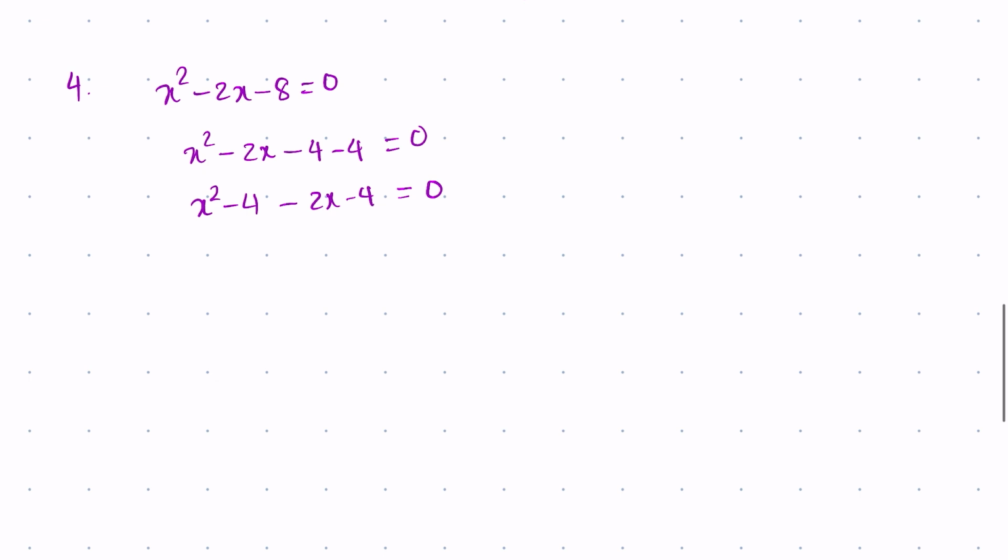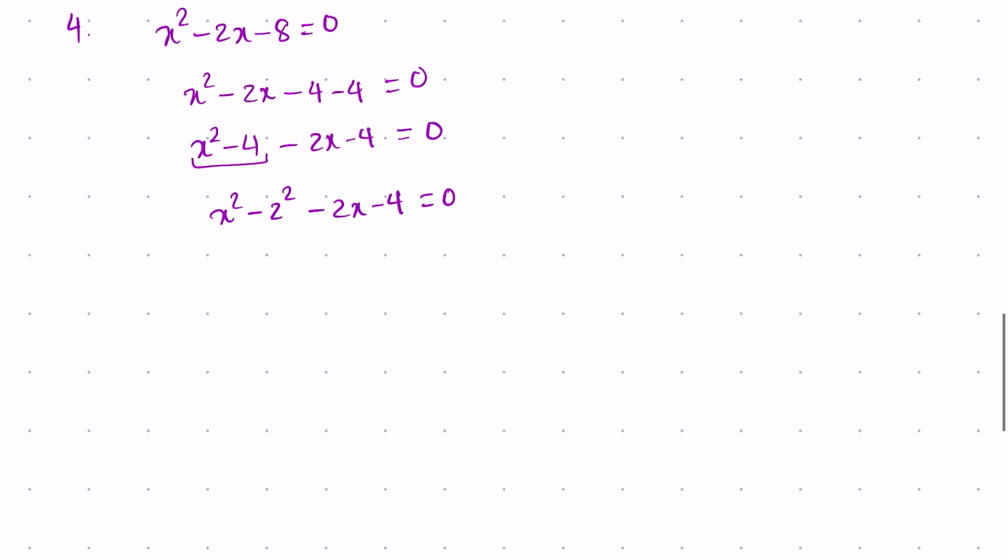x squared minus 4 is of the form x squared minus 2 squared, minus 2x minus 4 is equal to 0. So if you notice, this is of the form a squared minus b squared, which can be expressed as a plus b times a minus b. So we'll do just that: x minus 2 times x plus 2, minus 2.